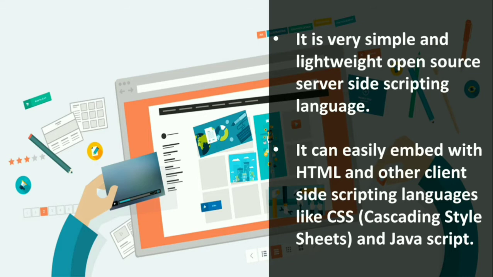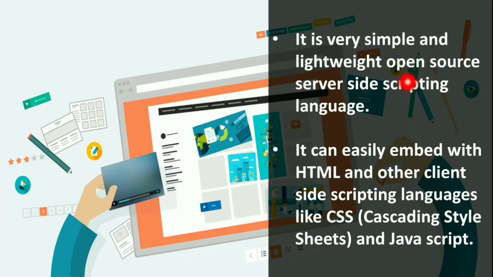So last year you have learned HTML and CSS. So HTML and CSS, they are called as client-side scripting languages, which means these two languages are going to be executed on the browser. Not on web server, it will be executed on browser itself. And this PHP code you can easily embed with HTML, CSS and JavaScript. CSS means cascading style sheet.